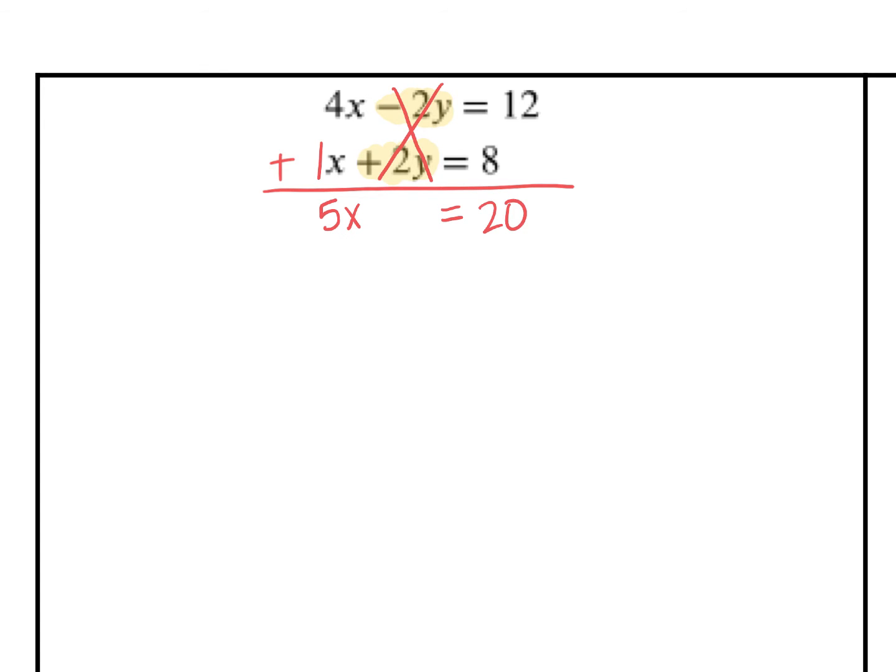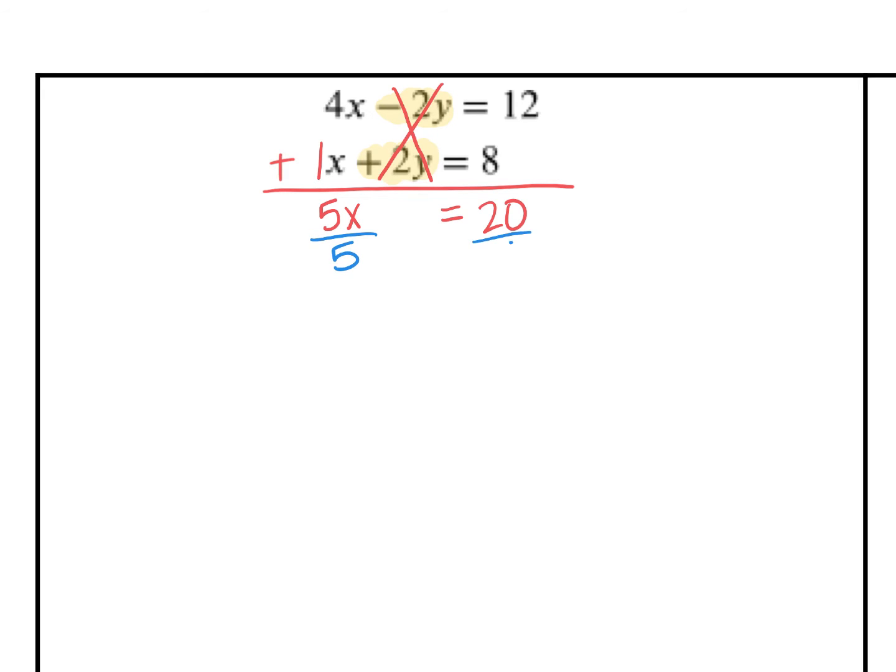So that was step 1. We added the equations together and saw that one of the variables, which was the y, canceled out. So we're left with this x variable in this equation. And we'll go to step 2, which is to solve for the variable. So we have 5 times x equals 20. In order to undo this multiplication, we want to divide by the coefficient of x, which is 5.